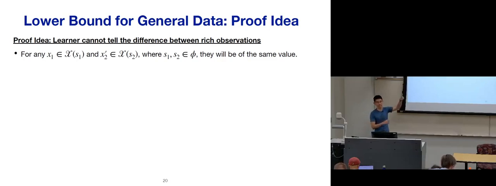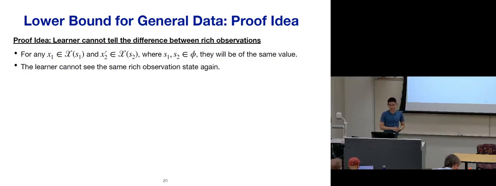So if we haven't visited these 2 rich observation states, we'll never tell the difference between them. So we cannot tell that this state comes from some S or from some S prime. And since the learner cannot see the same observation state again, we don't leave the learner any chance to distinguish whether this state belongs to the latent state S1 or to the latent state S2.